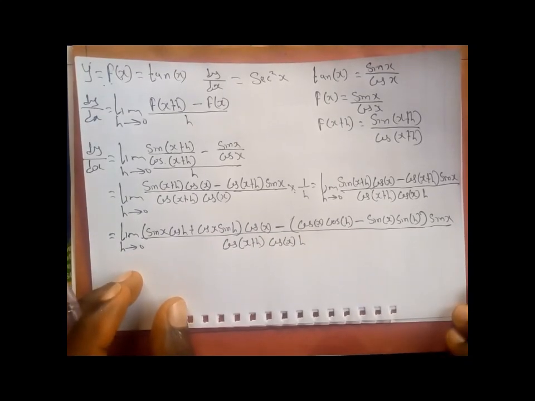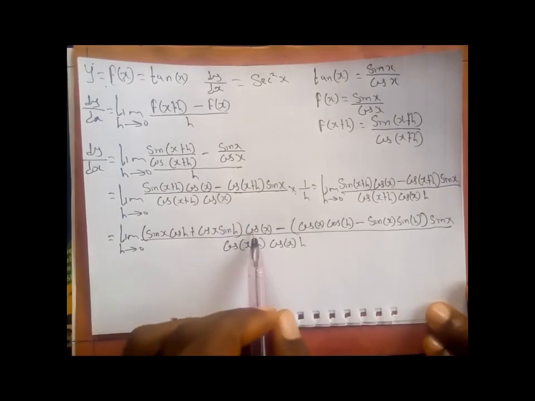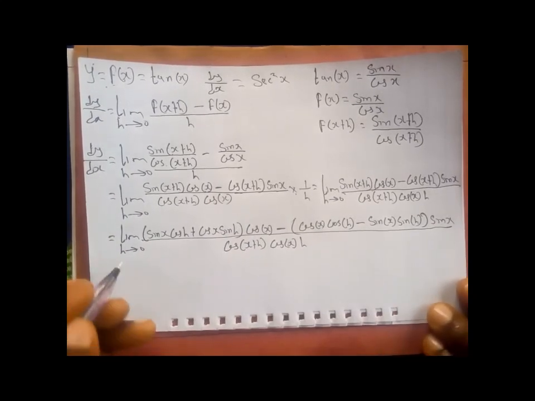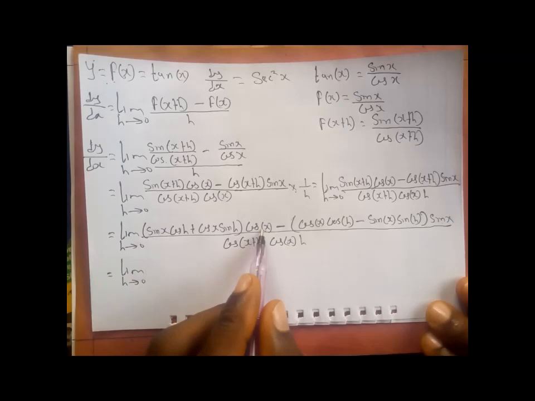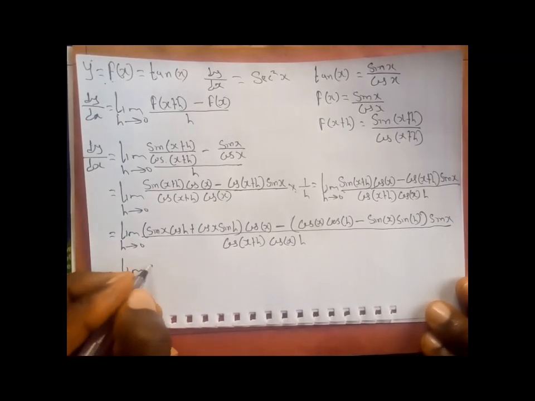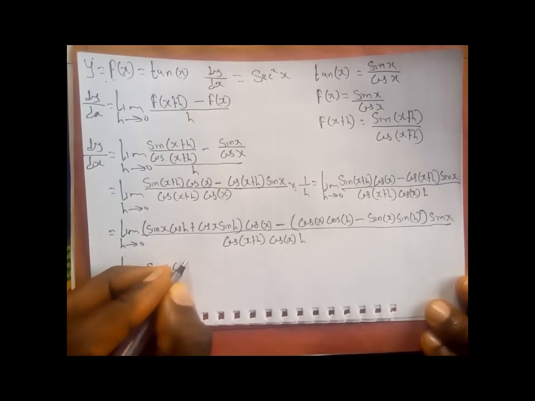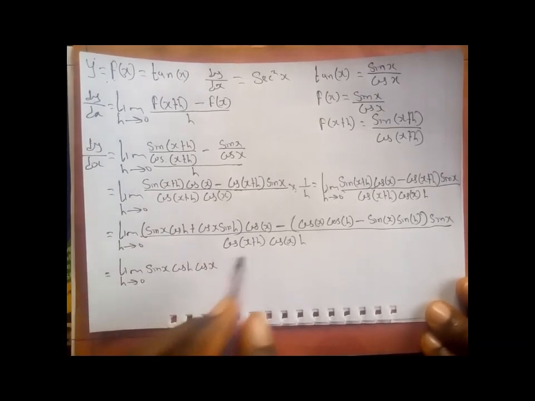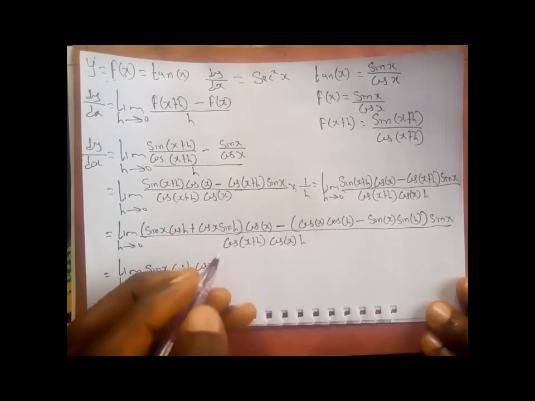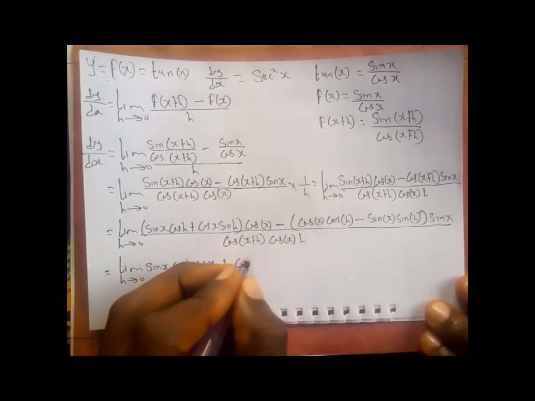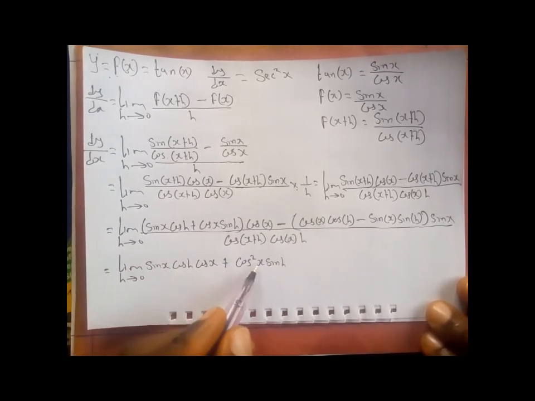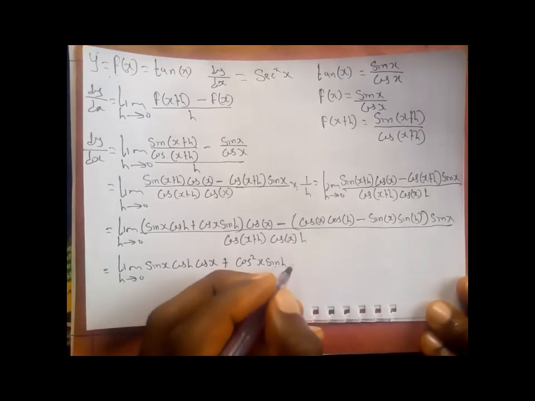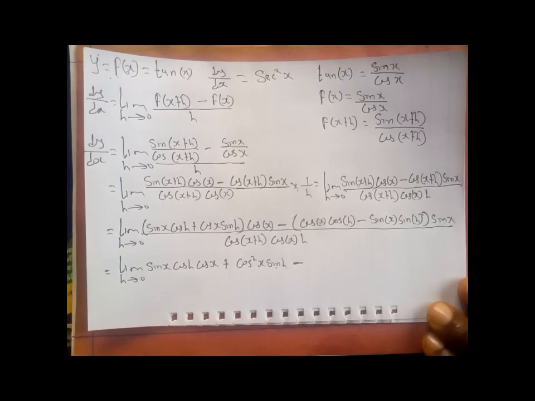Perfect. Now, what I would like to do at this point is to expand. Let me distribute this cosine and this sine at the numerator. We have the limit as h approaches 0. Cosine x times sine x cos h gives sine x cosine h cosine x. Then cosine x times cos x sine h is positive cosine squared x times sine h. Now minus, and let me put this in a bracket because the minus is expected to do something.